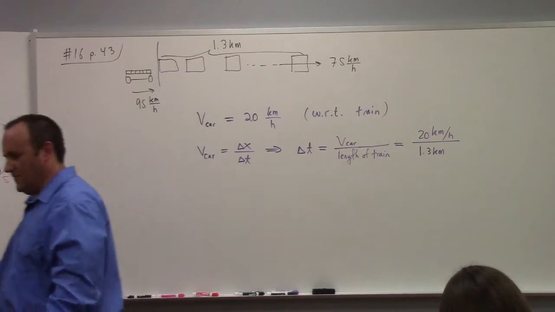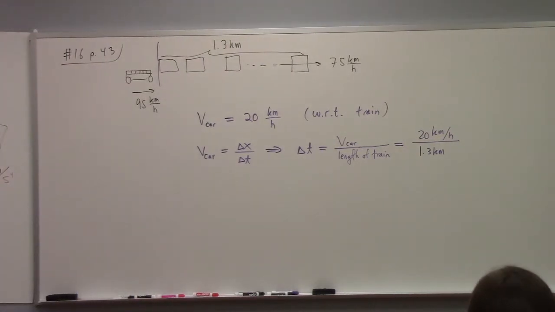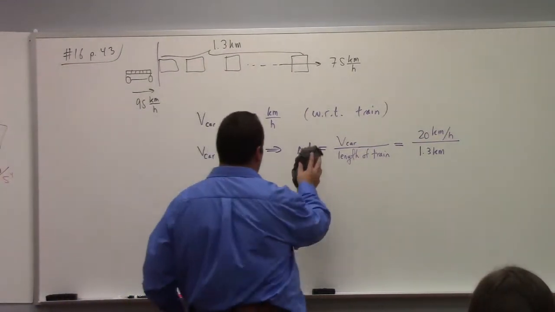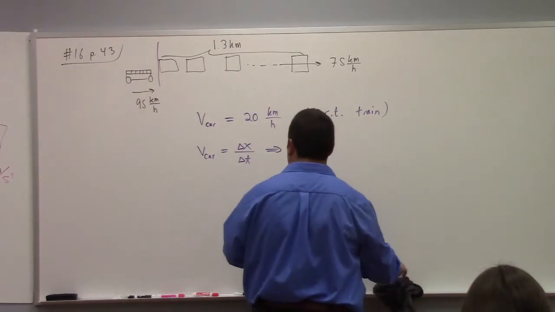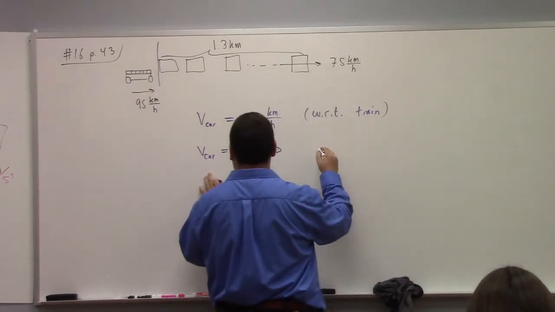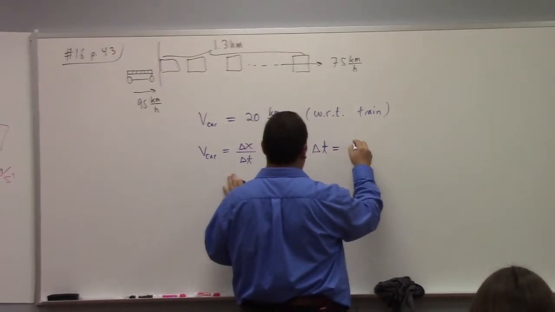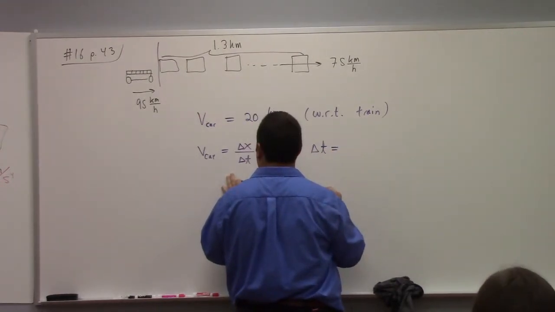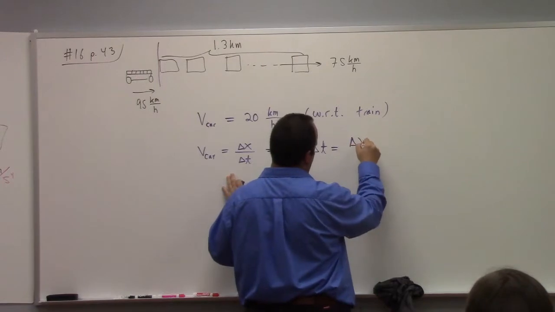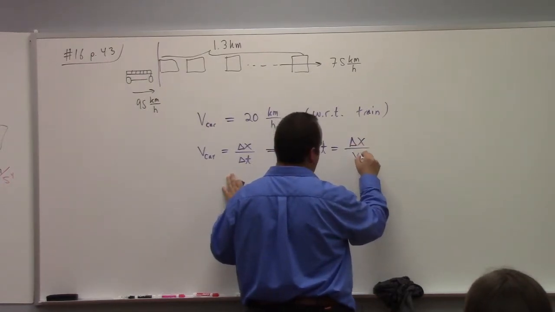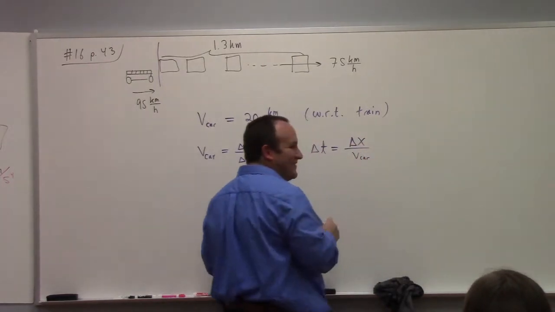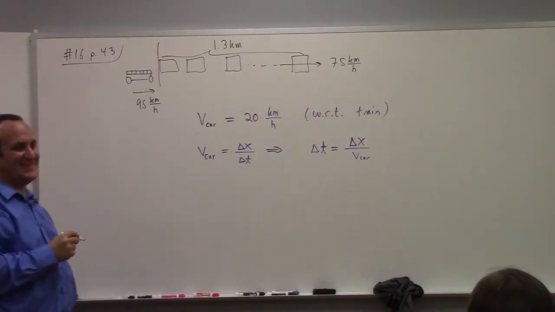Those erasers are miserable. All right, let me see if I can do the math right this time. So what we got? Delta t is equal to the velocity. Did I do the same thing again? I'm sorry, guys. I hiked over to Walmart right before class starting at this building.